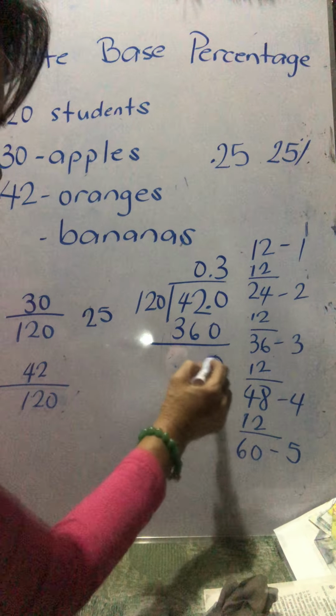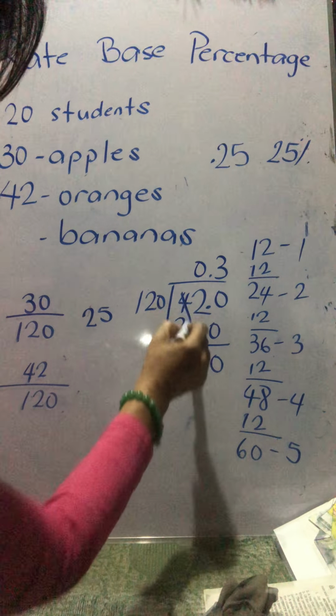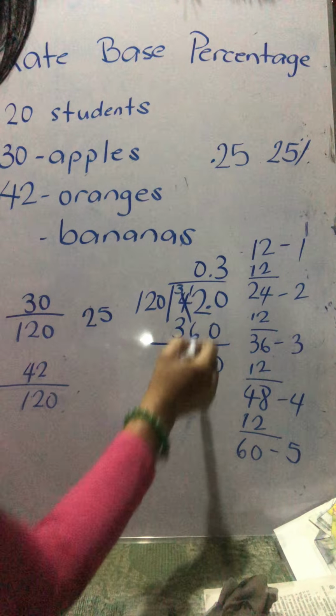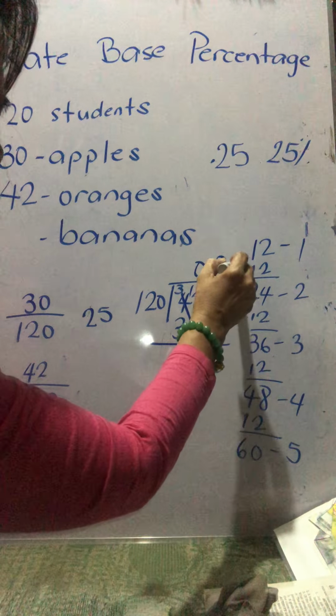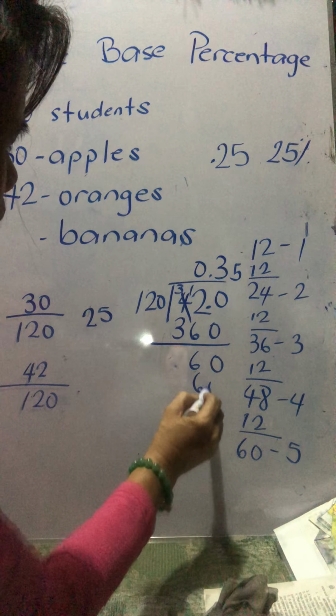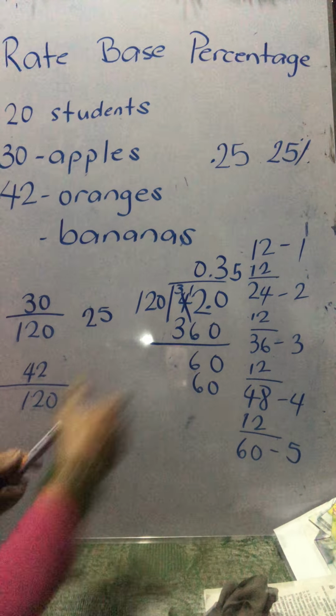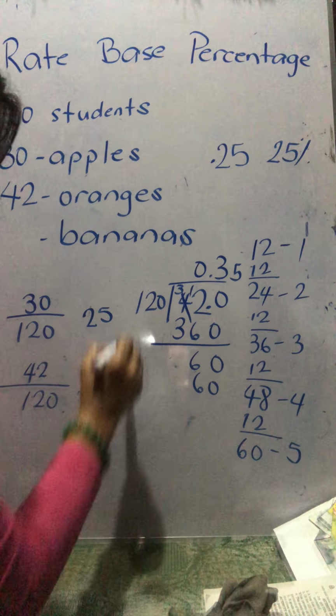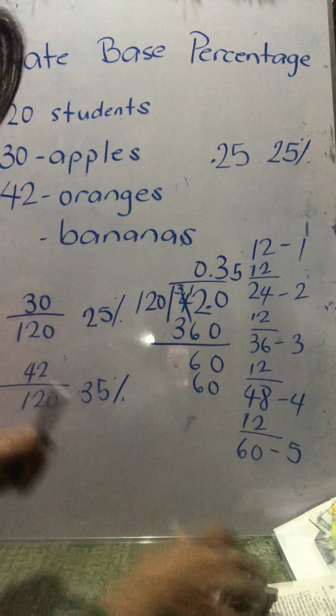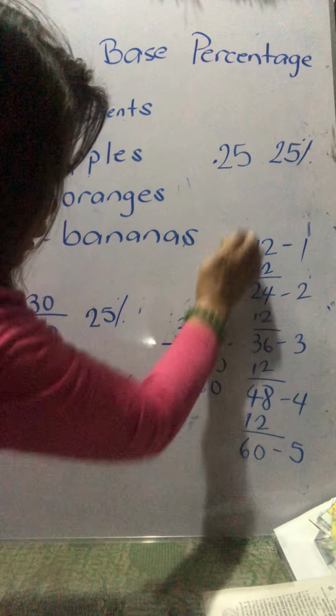So 0, 2 minus 6 cannot be. This is now 3. 12 minus 6, this is 6. So 60, okay, that is 5. Okay? So here, we have here 600. Okay, so this is now 35%. 25%. Okay? Now, so tingnan natin ngayon ha.